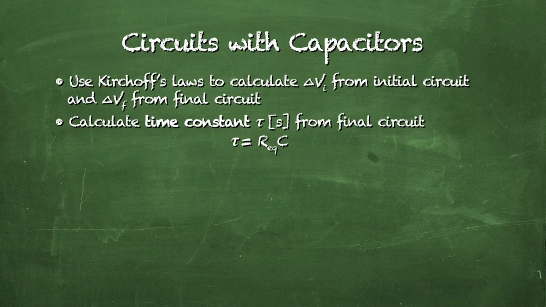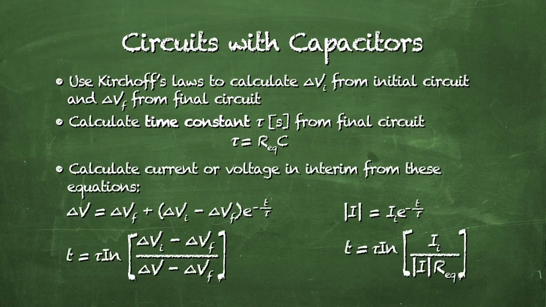We calculate the time constant, tau, from the final circuit. The time constant is equal to the equivalent resistance times the capacitance. So tau is equal to RC, or R equivalent times C. And in between 0 and infinity, we calculate the current and voltage from these equations.